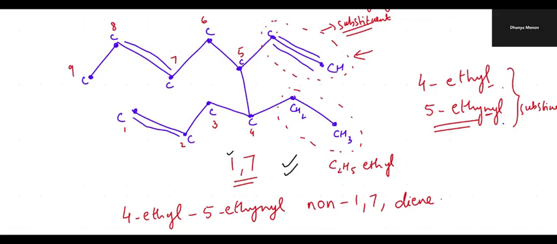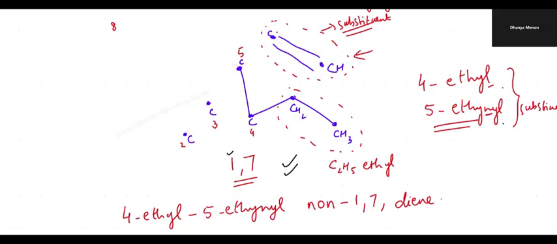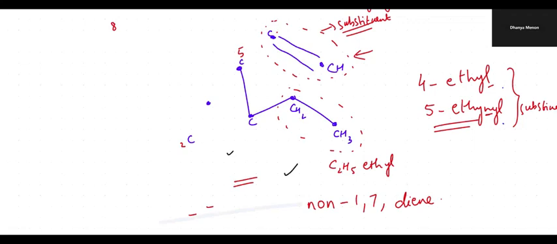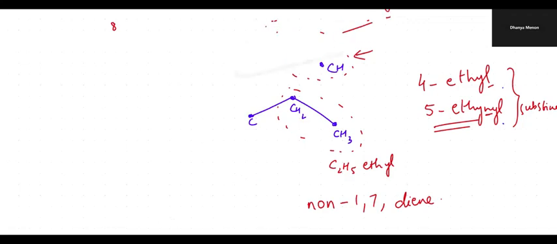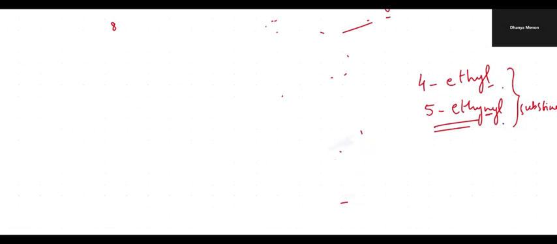Now let's move on to some cyclic substances. I know we have not done cyclic substances in detail. We will be doing a little now and then I'll be discussing a lot of cyclic substances in a new video. For now, just follow the rules.